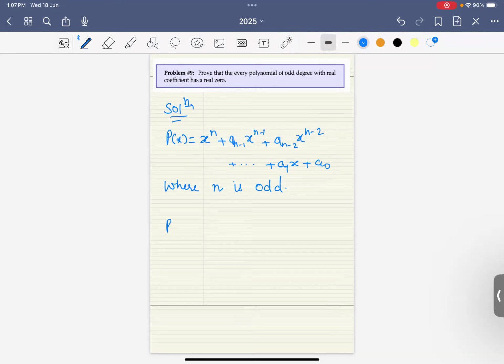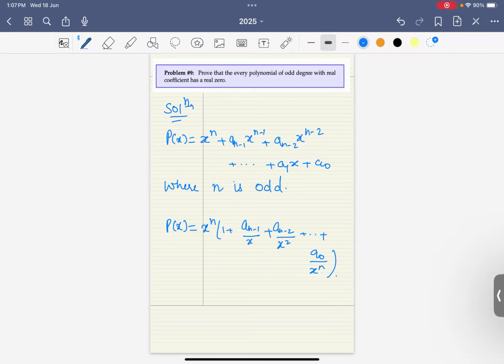p of x can be thought of as x to the n into 1 plus a_{n-1} upon x plus a_{n-2} upon x squared, and so on, up to a_0 upon x to the n.